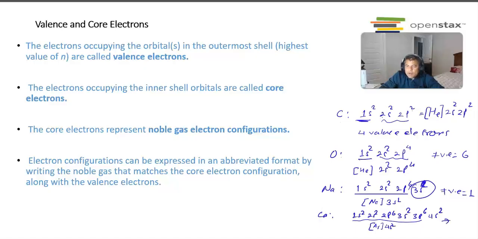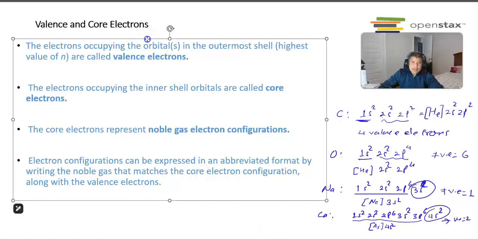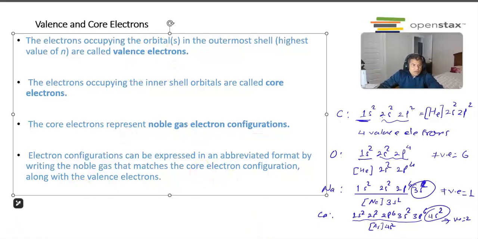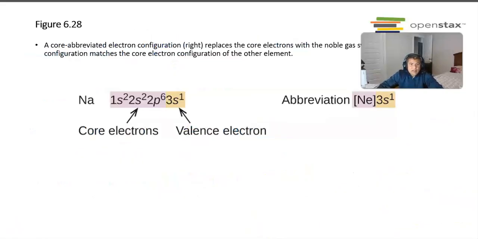So how many valence electrons does calcium have? The highest level is 4th. That's why the number of valence electrons is 2. So that's the core electrons, that's the valence electrons, and that's the condensed electron configuration. You see that these are the core electrons, and 3s1, and that is the neon, right?